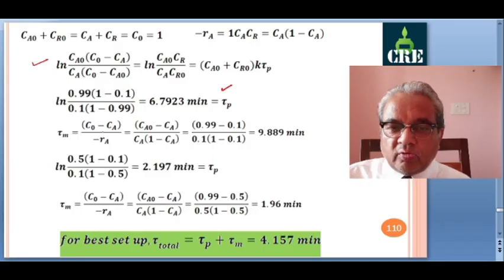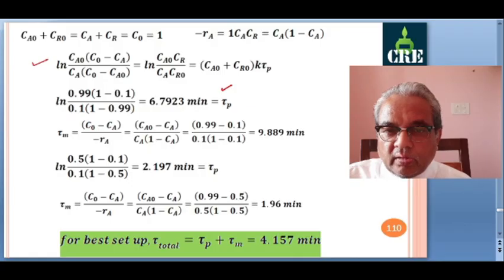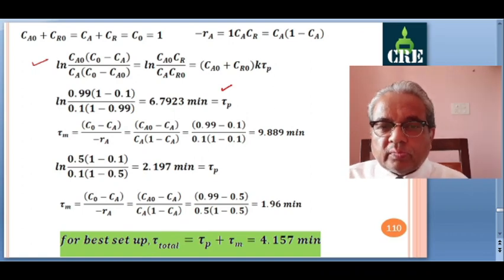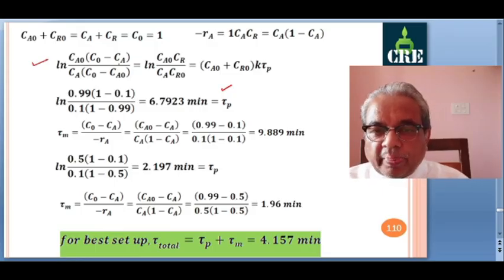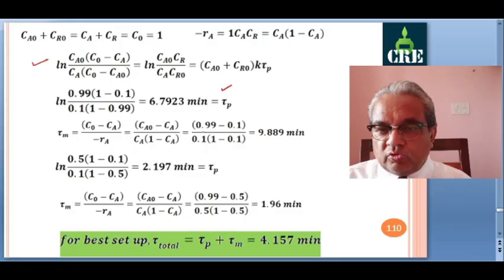Tau m, if you want to calculate for the mixed flow reactor, will be C0 minus Ca by minus Ra. And you start with this Ca0 value. This is the model equation. The same thing we are doing now in the mixed flow reactor.